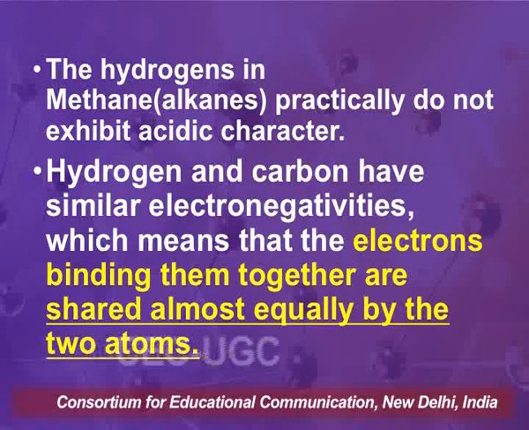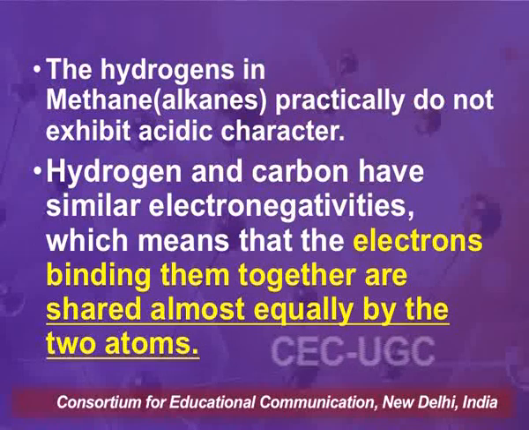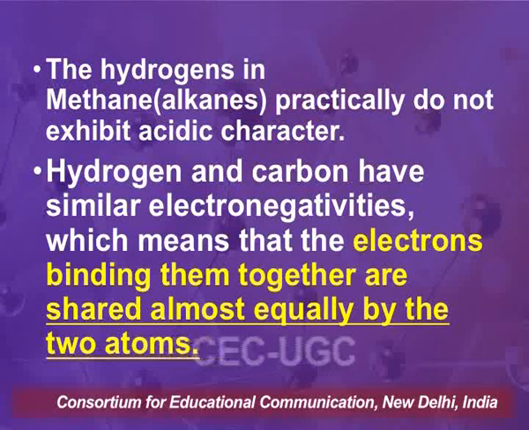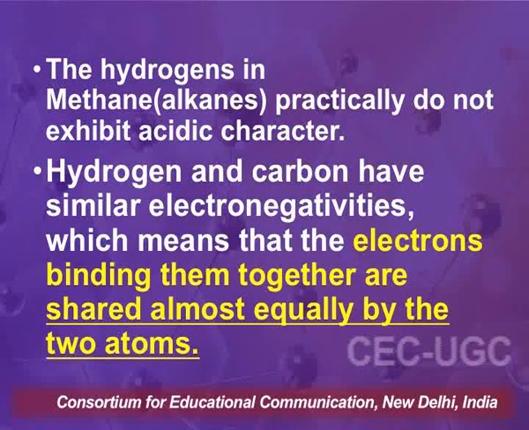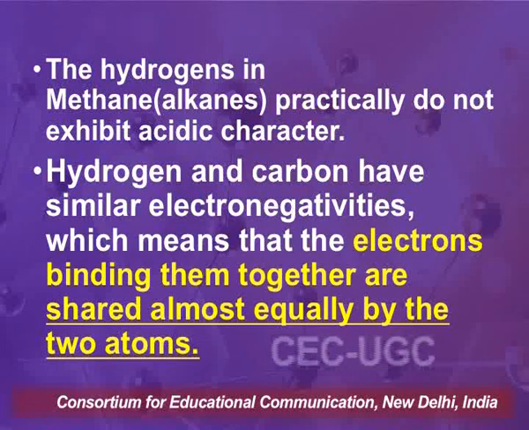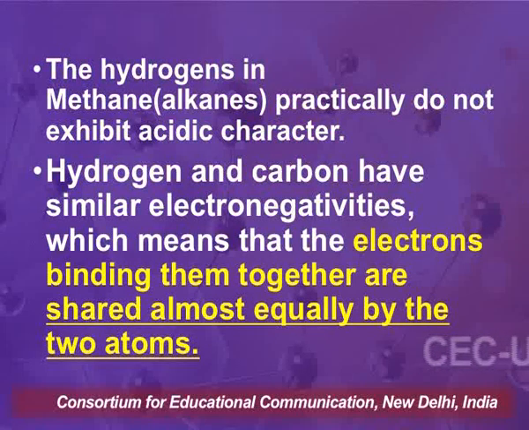As I have already said, hydrogens in methane are attached to a carbon which is sp3 hybridized. And we know that an sp3 hybridized carbon is not very electronegative. Second, there is very little difference in electronegativities of carbon and hydrogen.